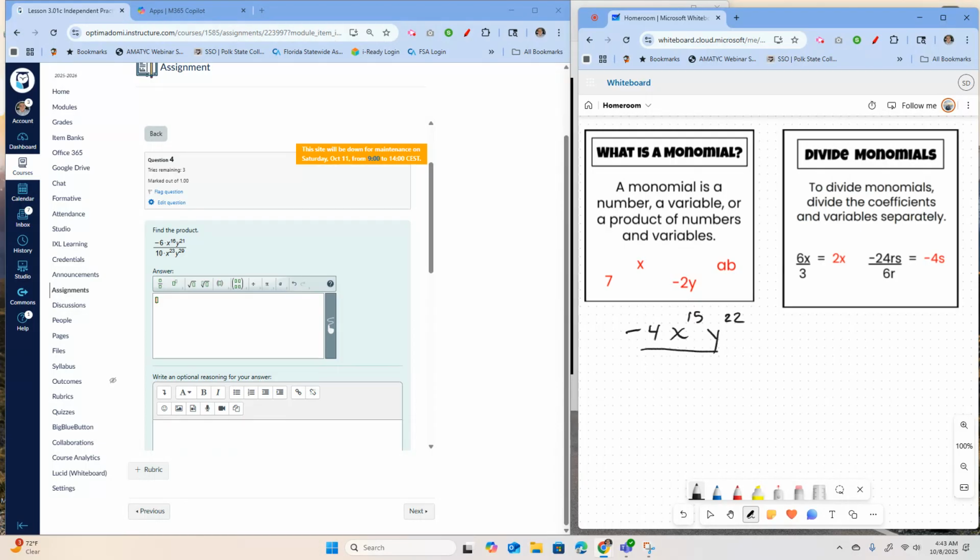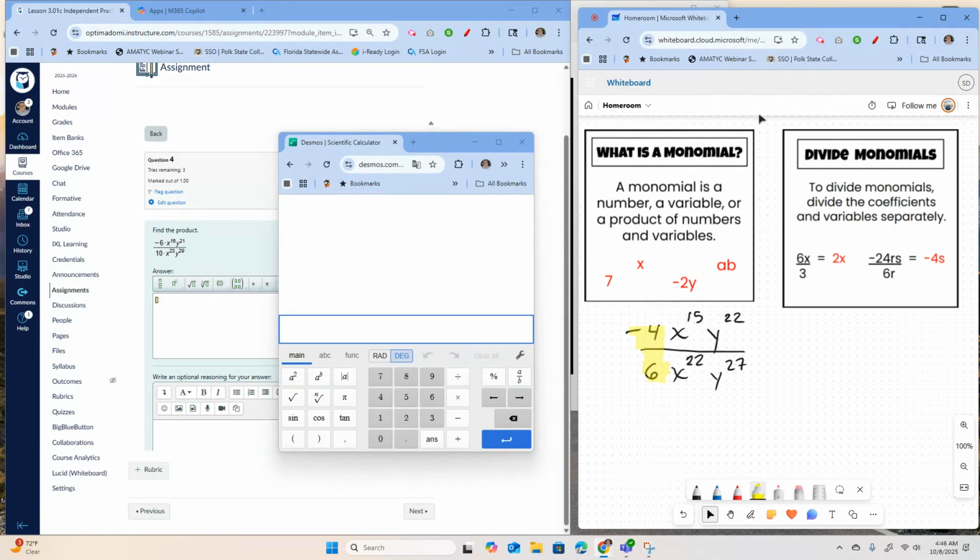That's a monomial, divided by 6x to the 22nd power, y to the 27th power. Okay, so how do we divide monomials? We're going to divide the numbers with the numbers. I'm going to divide negative 4 by negative 6.